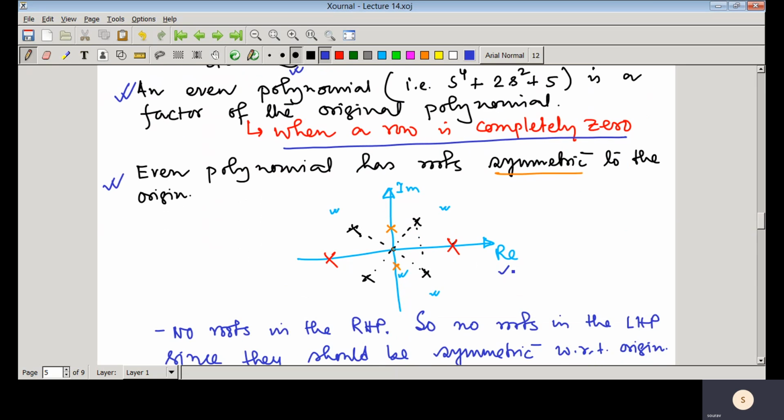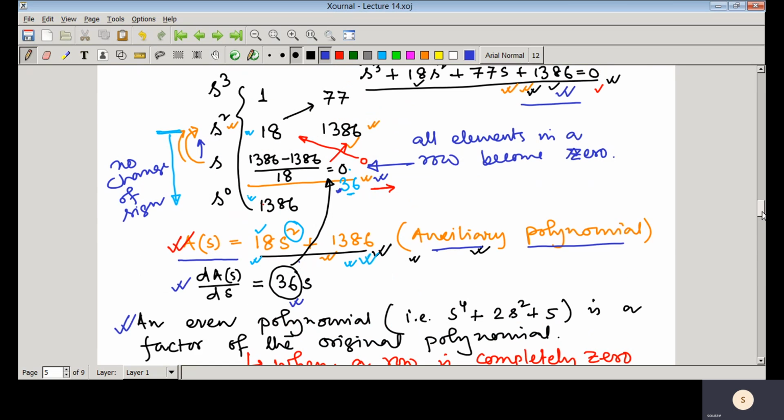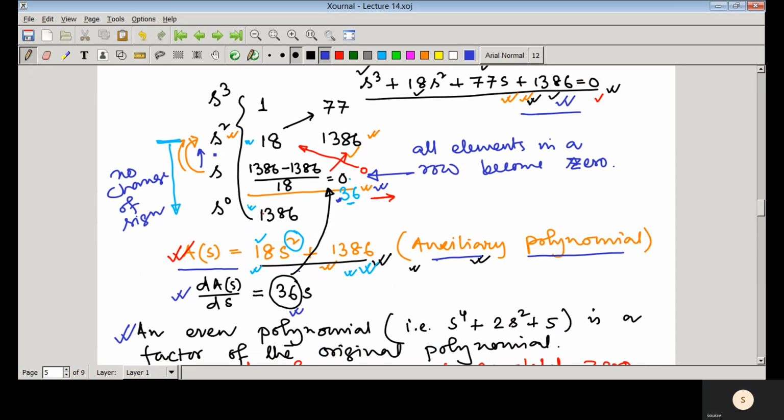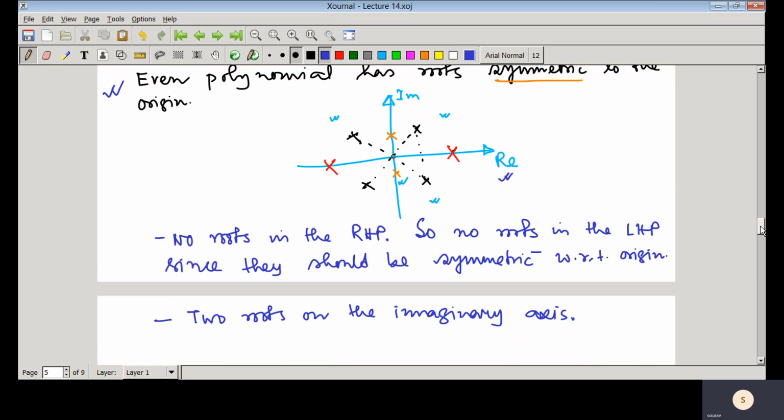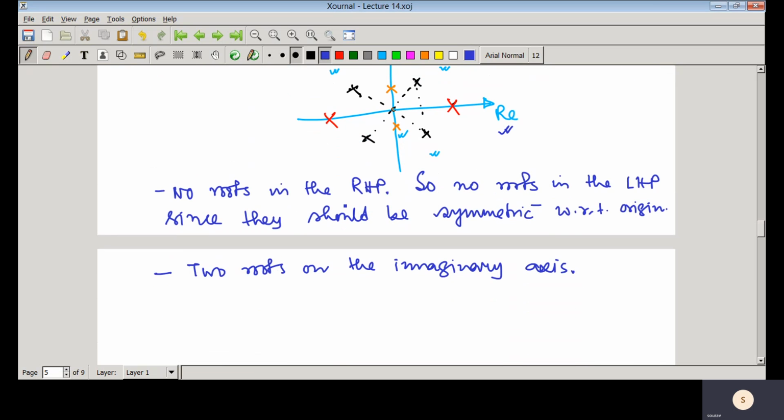So in the Routh table, we find that from this particular point to the bottom, it indicates the roots of the even polynomial. And as there is no change of sign, there are no roots in the right half plane, and according to the symmetry, there should not be any root on the left half of the plane.